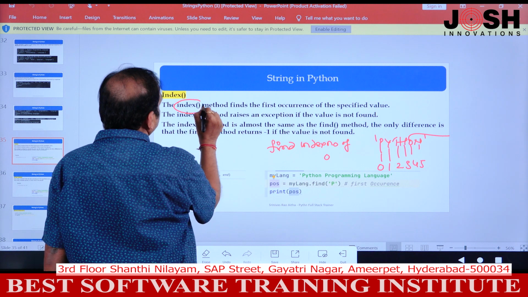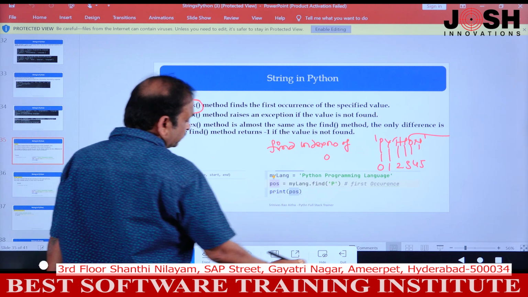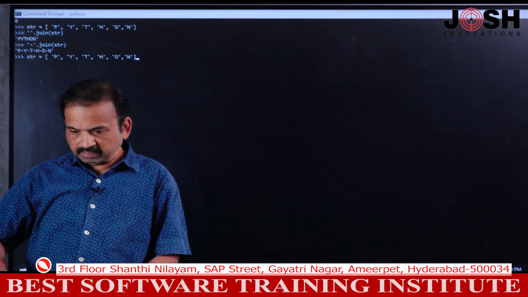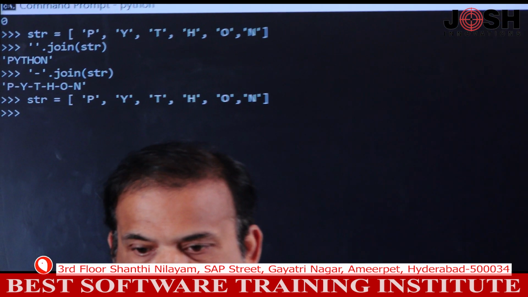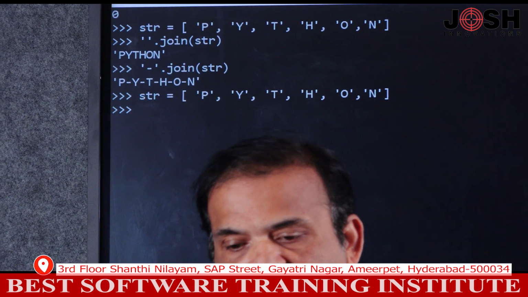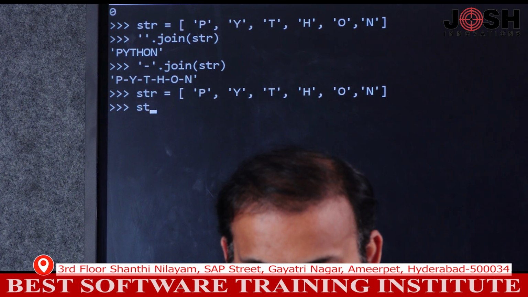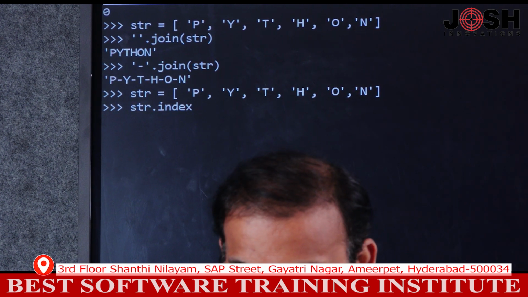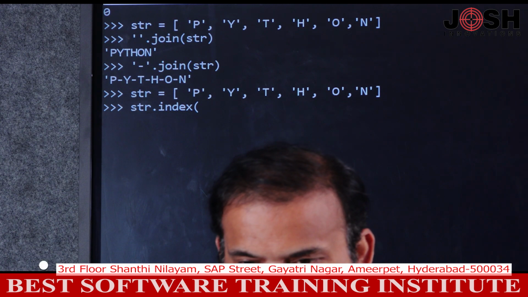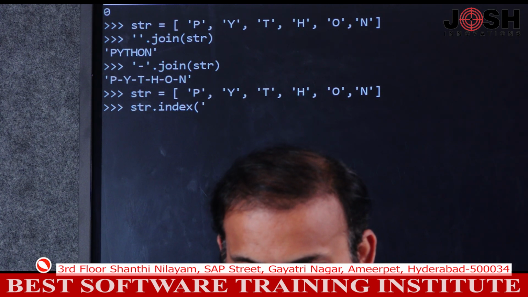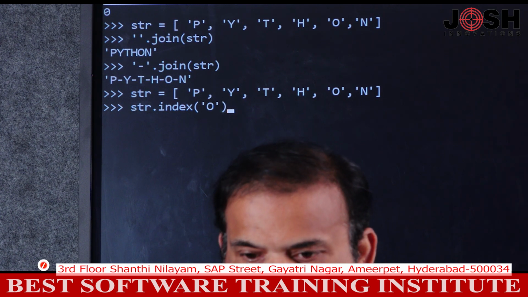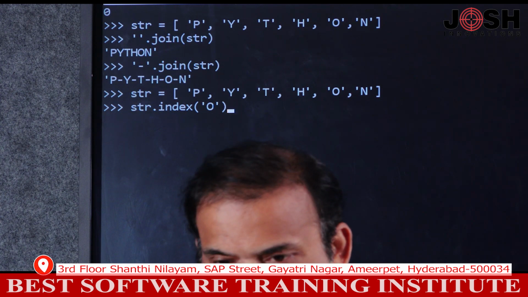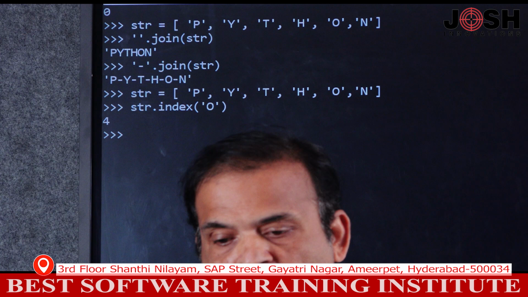It will tell you the index number. Okay? Now, we will see. Yes, str, P Y T H O N. I want to find out the index number. So, str dot index method. In brackets, I'll give one character, O. Now it will return the index number of O, that is 4.